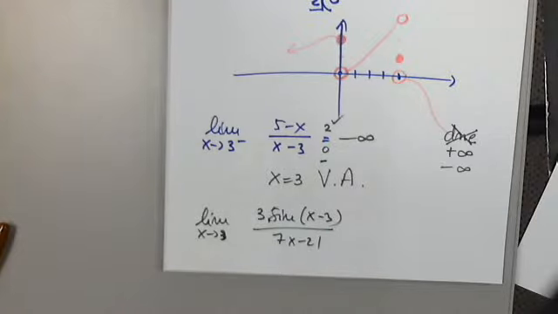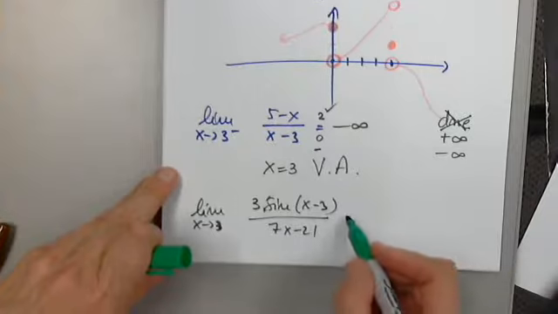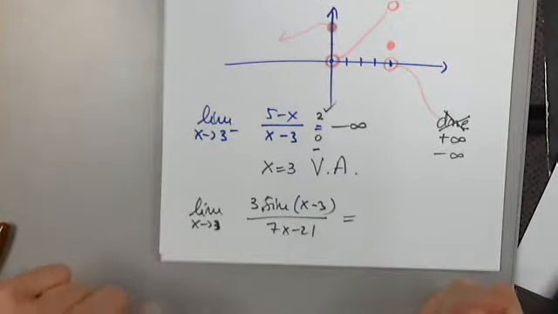So when I plug it in, what do I get at the top? Sine 0 is 0. And the denominator? 0. What case is this? Indeterminate. Is there hope? Yes. There is no guarantee, but there is definitely hope.